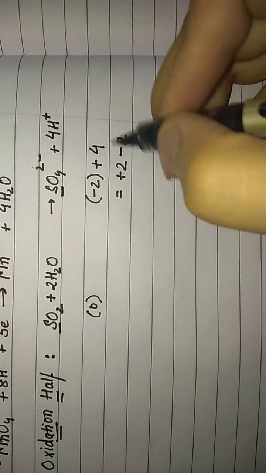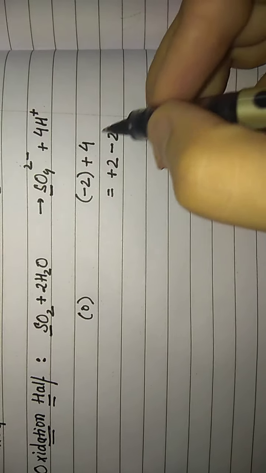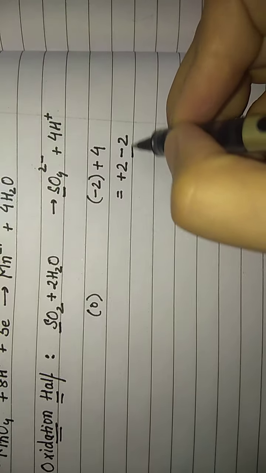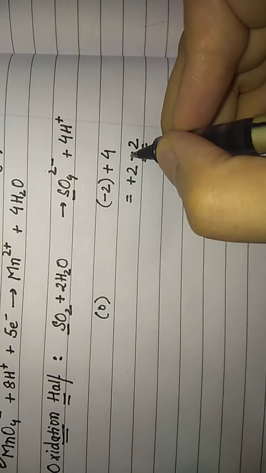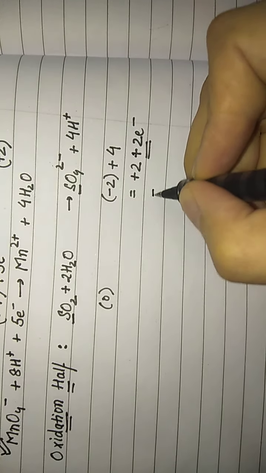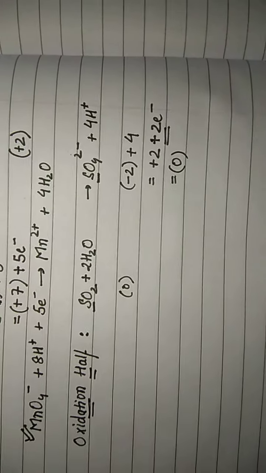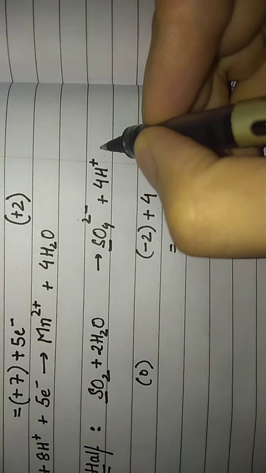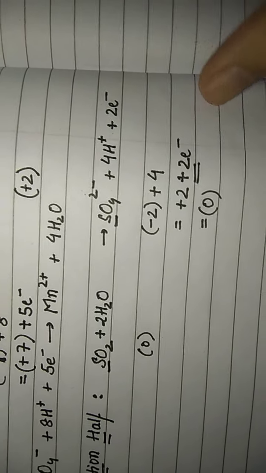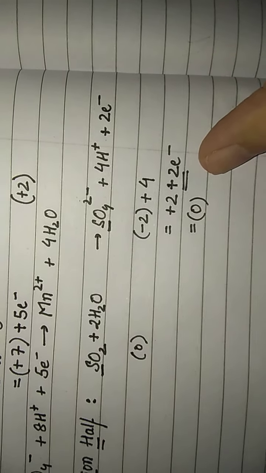But getting a -2 here means adding 2 negative charges. So how will I add 2 negative charges? By adding 2 electrons, which will give a 0 net charge on the right hand side as well. So I will add 2 electrons on the right hand side.